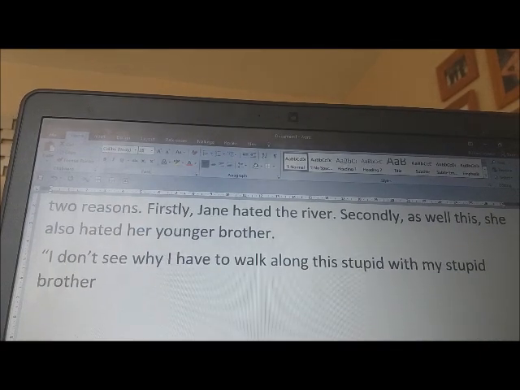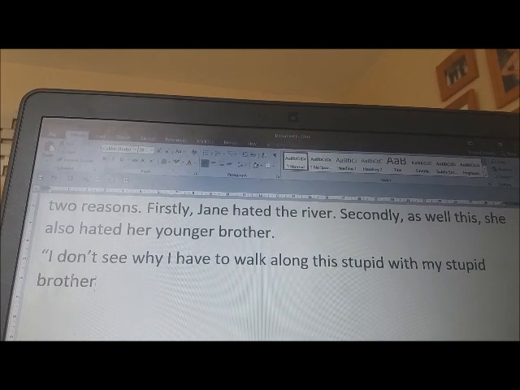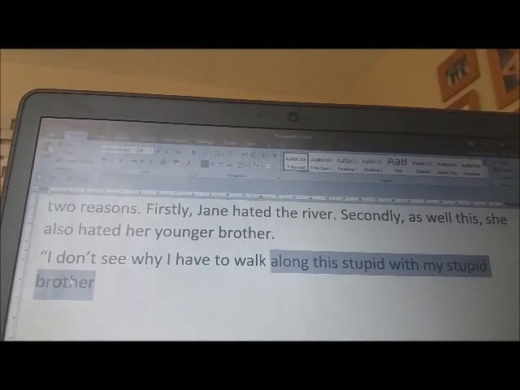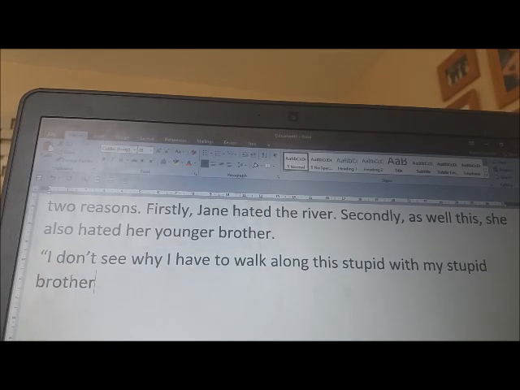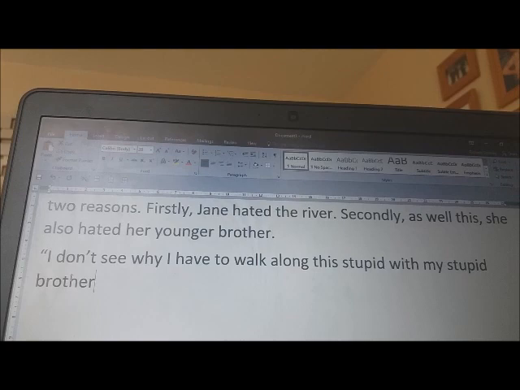So now, as we know, this is the spoken clause. Let me just highlight it for you there. So that's the spoken clause, and as we know, at the end of the spoken clause we must have some kind of punctuation, and because the spoken clause is first, then the punctuation in this case is a comma.